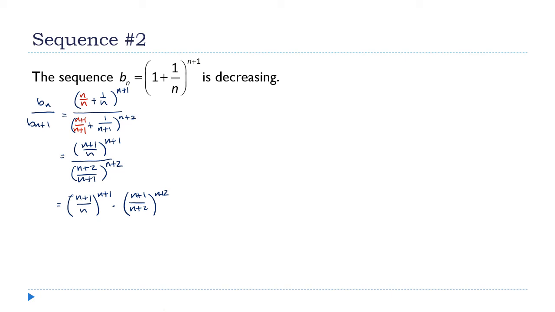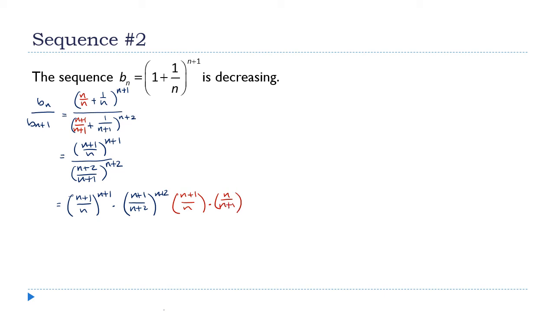(N plus 1 over n) to the n plus 1 times (n plus 1 over n plus 2) to the n plus 2. Okay, now once again, I want to combine these things together. And to do that, I need to give that n plus 1 exponent, I need to make that an n plus 2. So I'm going to do a very similar thing. I'm going to multiply by n plus 1 over n times n over n plus 1.